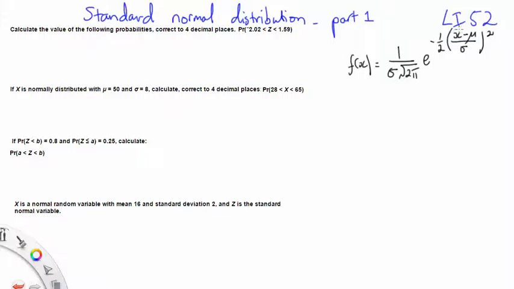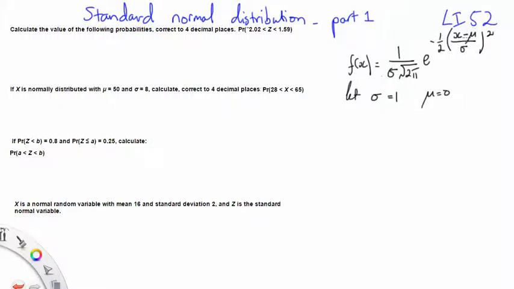So what people did was they said, well, how can we make it easier to calculate with? Let's make this sigma value equal 1. So let's let sigma equal 1, and let's let the mean equal 0.